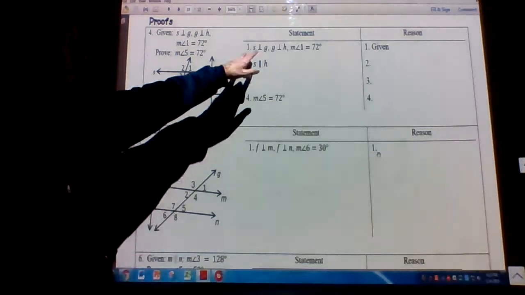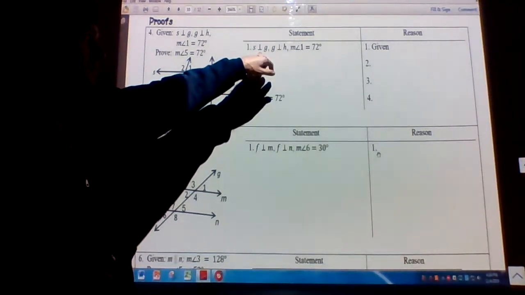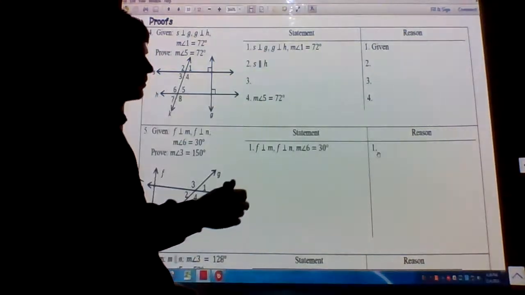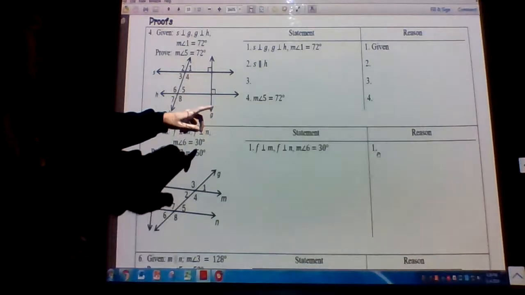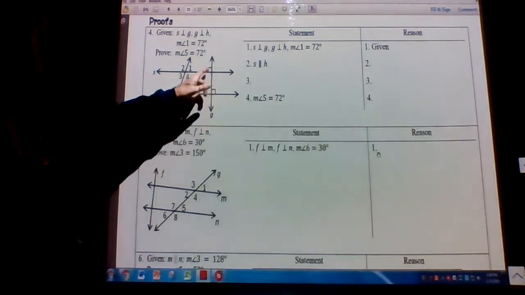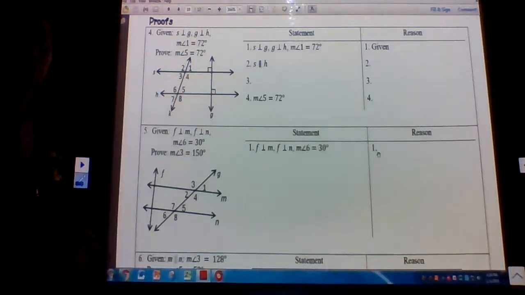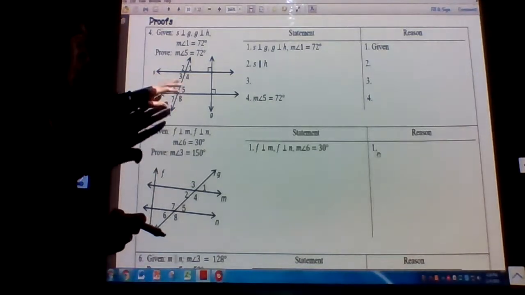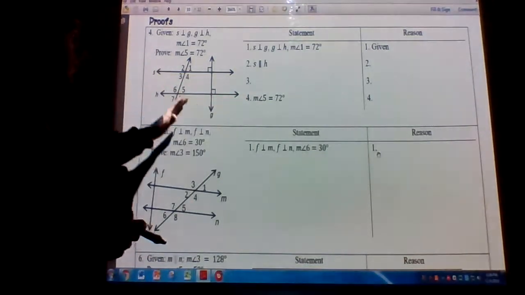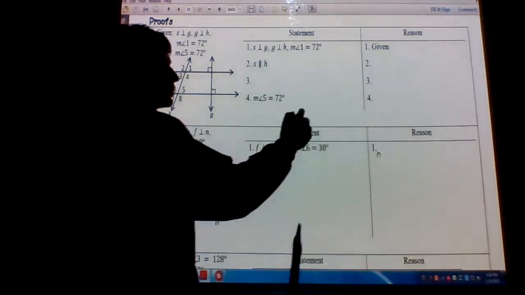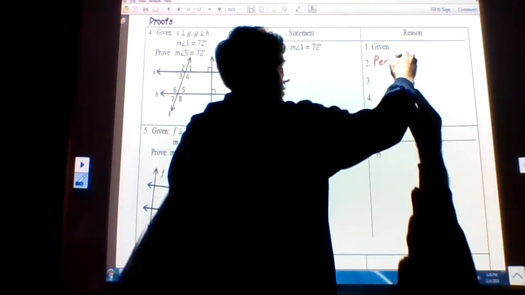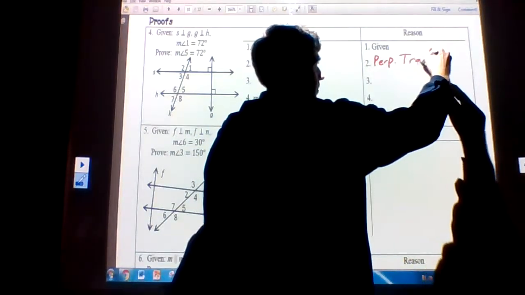Okay, so they give us that S is perpendicular to G, and G is perpendicular to H. So here we have two sets of perpendicular angles or lines. So these two lines, S and H, are both perpendicular with G. Therefore, we know S and H are parallel by the perpendicular transversal theorem.